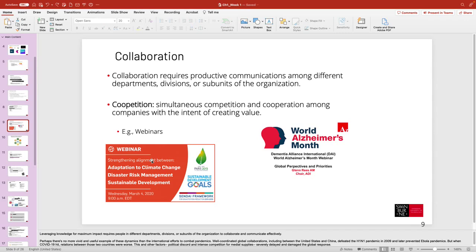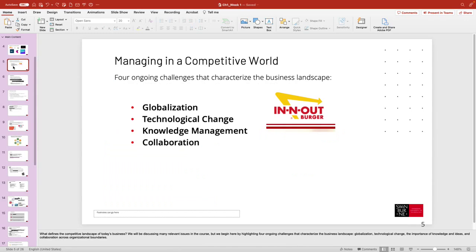Talk about sustainability goals, climate change. So global leaders get together, they collaborate to find some solutions. So these are, as I said to you before, four ongoing challenges in this competitive world.